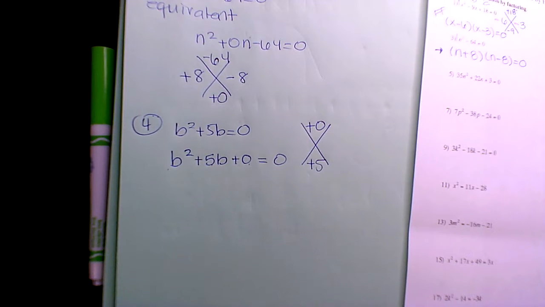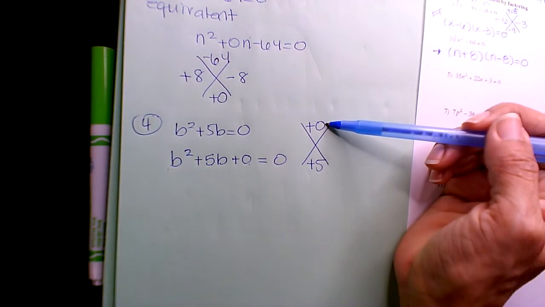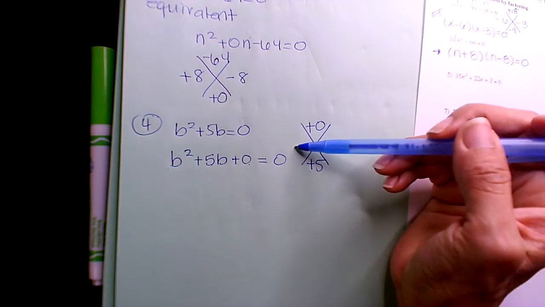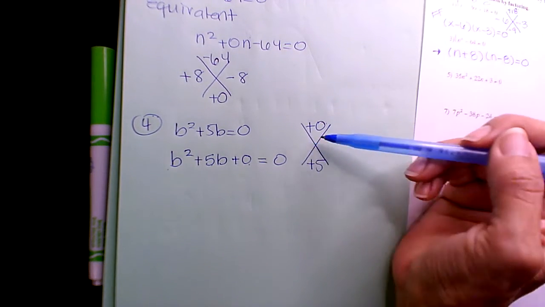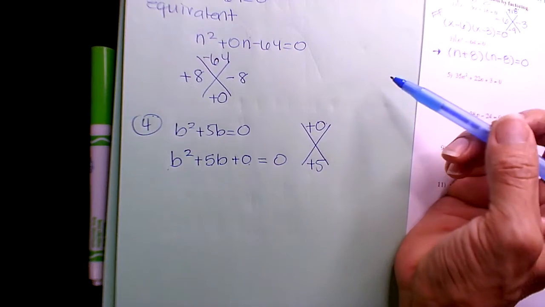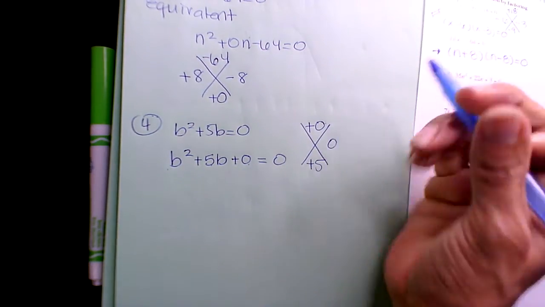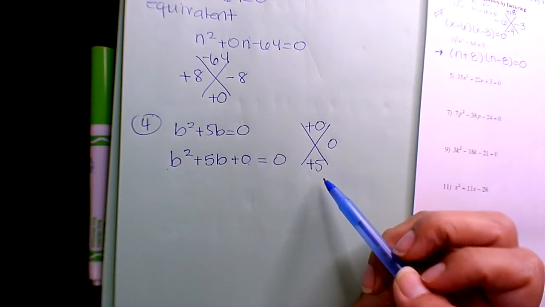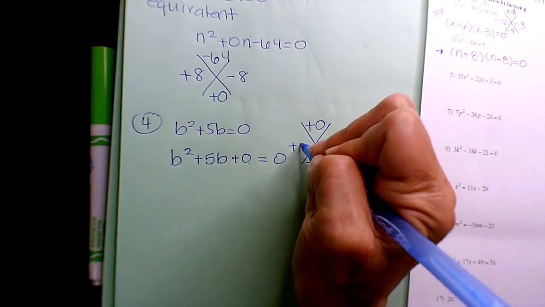So if you have a 0 product, what does one number have to be? 0. So then what should the other number be? Yes. Perfect.